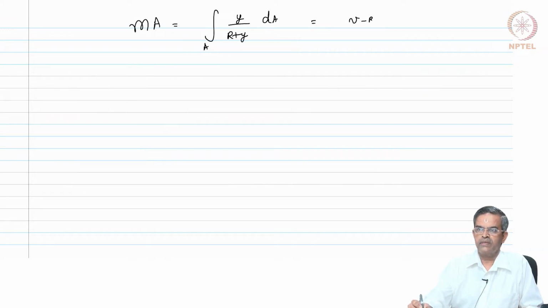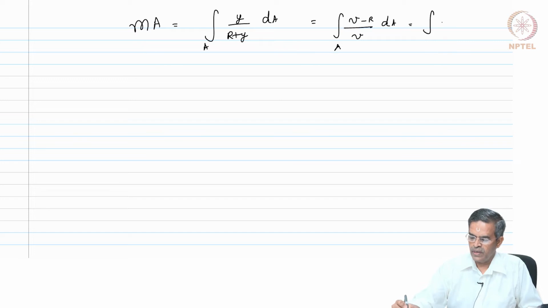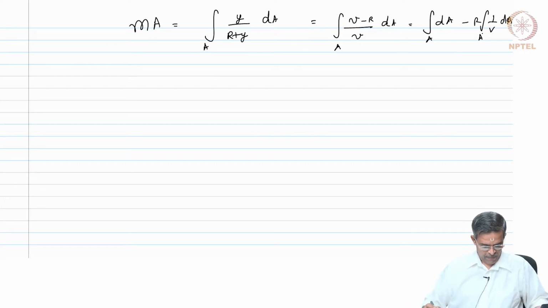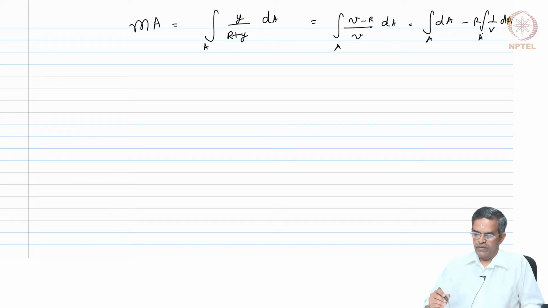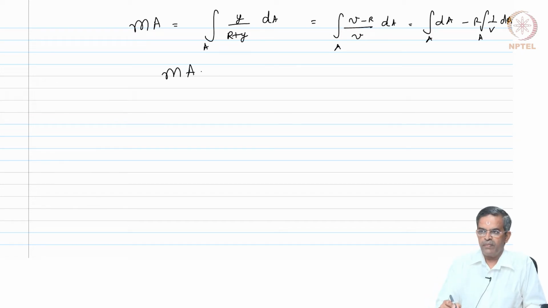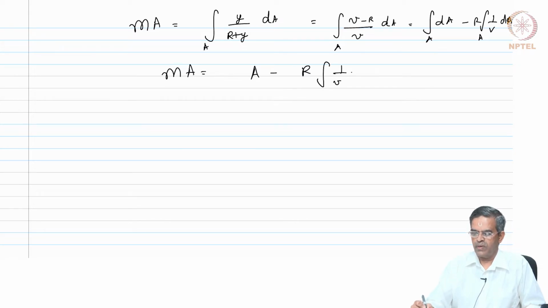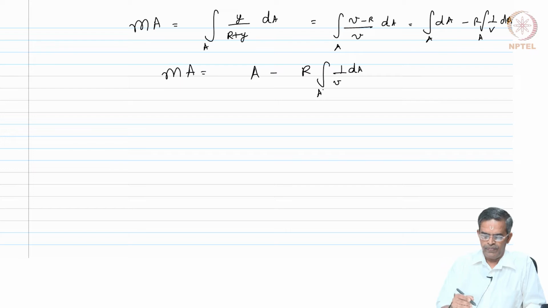So, V minus r by V dA, which gets split into integral dA minus r integral 1 by V dA. Okay. So, this will now become MA is A minus r times integral of 1 by V dA.